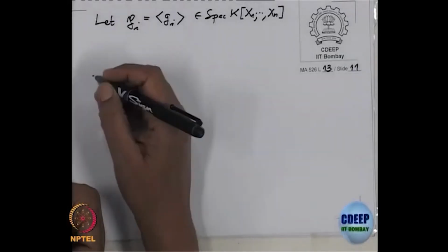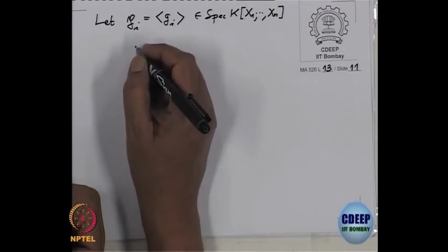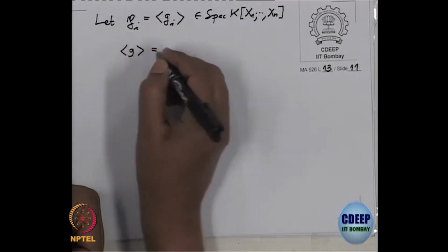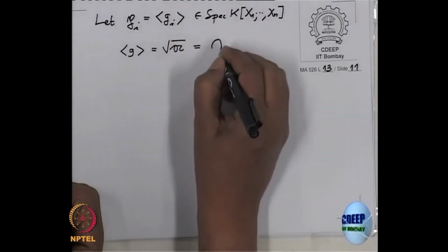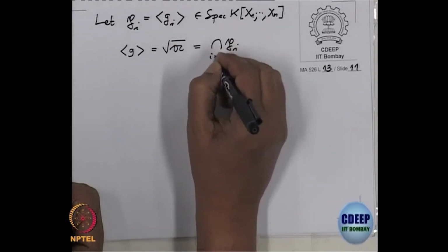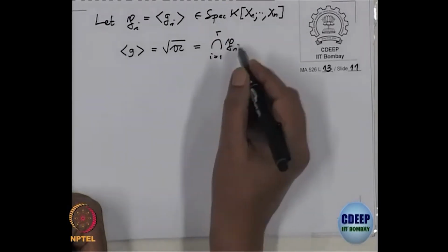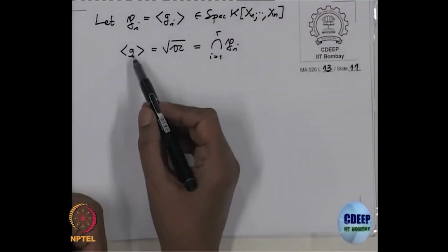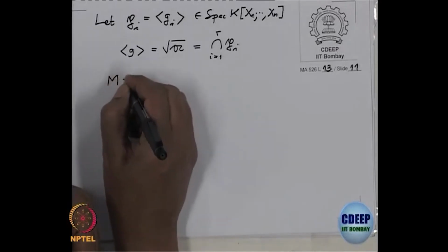And it is clear also that we know the ideal generated by G is the radical ideal of A, which is the intersection of Pi, i from 1 to r. This equality is because G is the product, so the ideal generated by G and this intersection are the same. Therefore, in this case, M is in fact the set P1 to Pr.